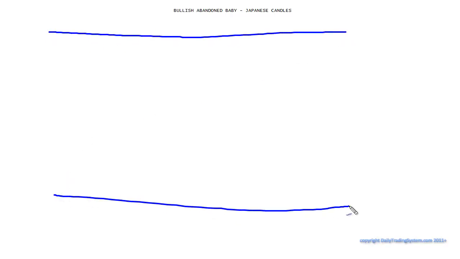So you've got the market coming down, so here is our bearish downtrend, and then you come across a pattern that looks like this.